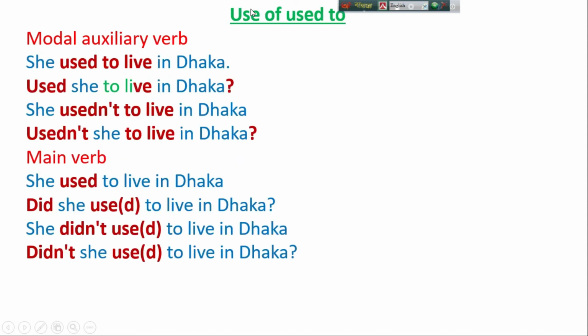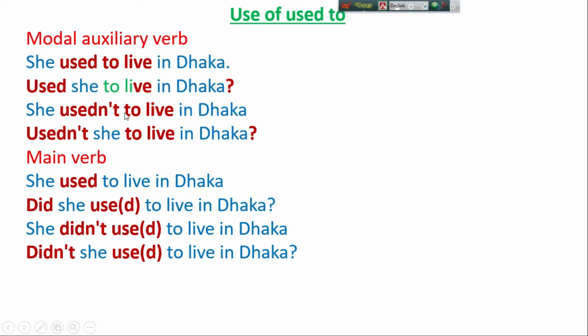Use of used to as a modal auxiliary verb. She used to live in Dhaka. Here, used to is the auxiliary verb and it helps the main verb live. Used she to live in Dhaka? Here, used is also an auxiliary verb and it helps the main verb live, and it is the interrogative sentence.